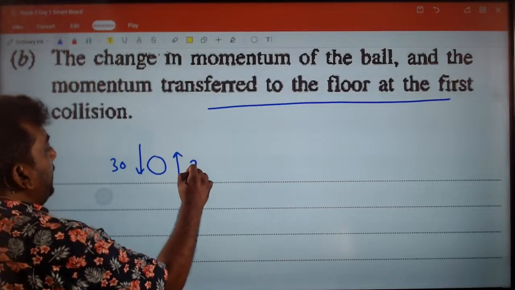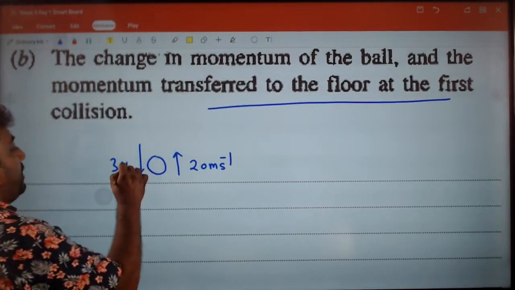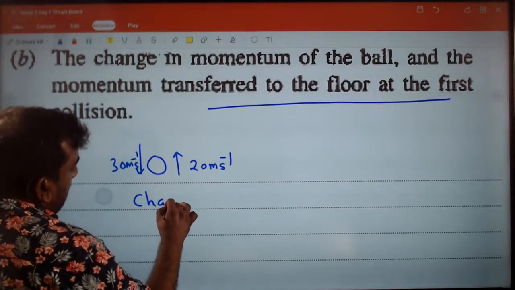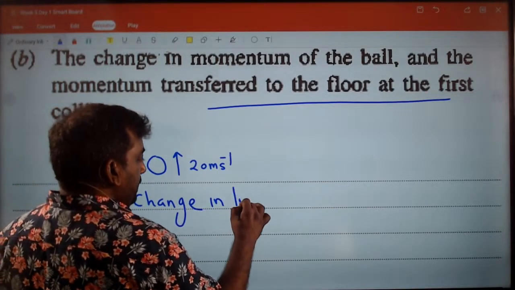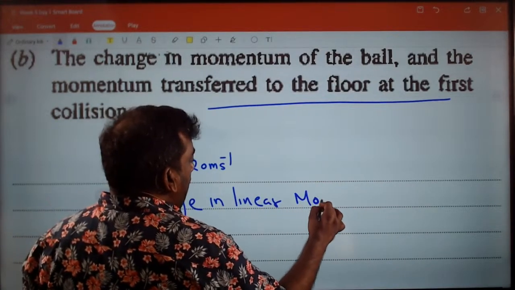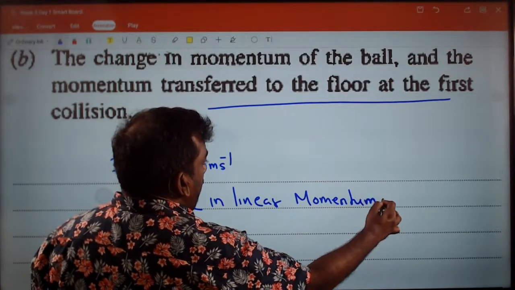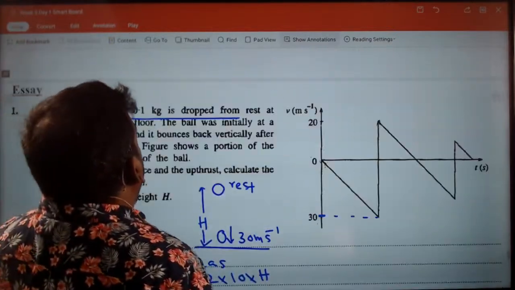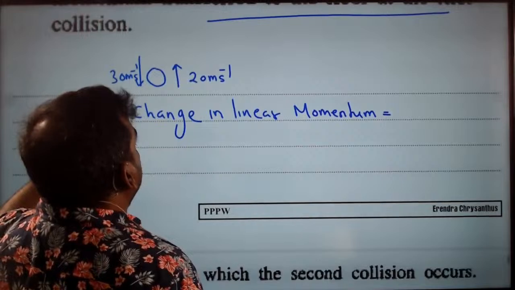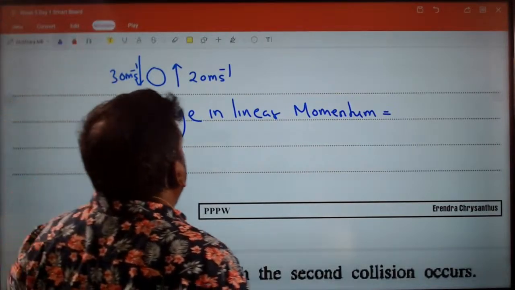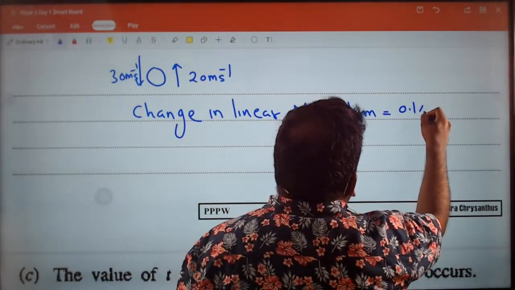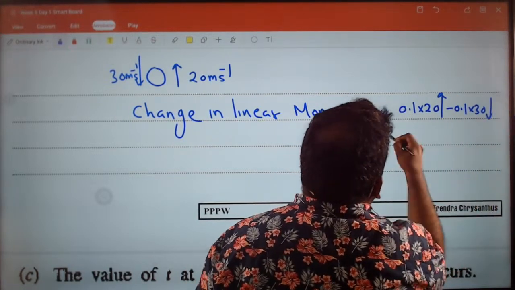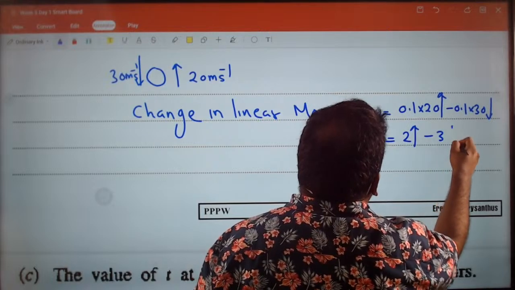Change in linear momentum is final momentum minus initial momentum. 0.1 into 20 upwards, minus 0.1 into 30 downwards: 2 upwards minus 3 downwards.